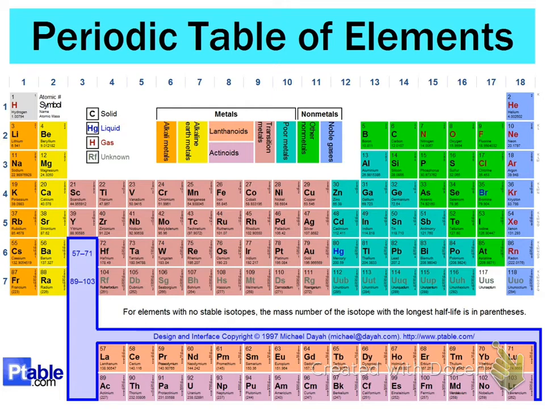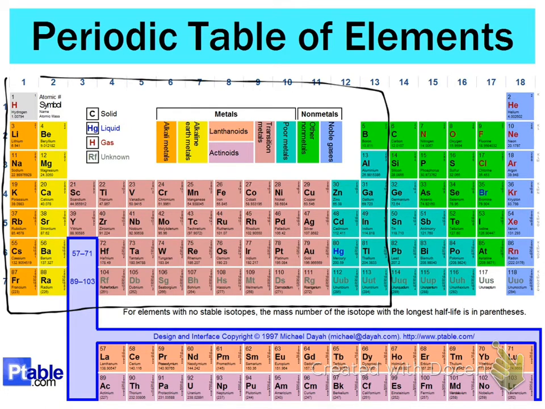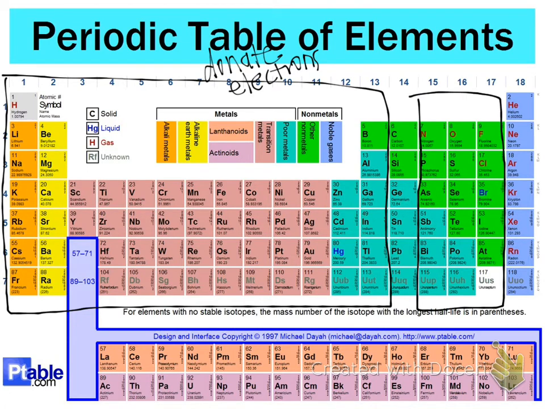But all you need to know right now is that these elements here, these will donate electrons, and these will accept electrons. That's all you need to know for right now.